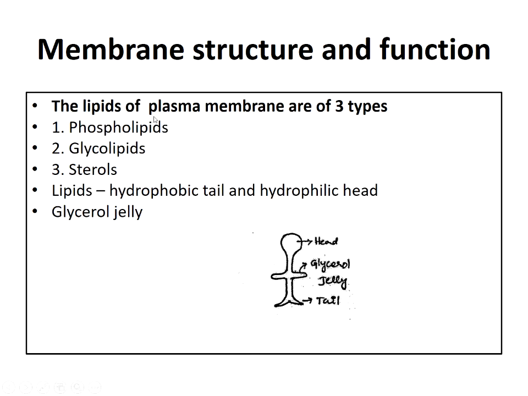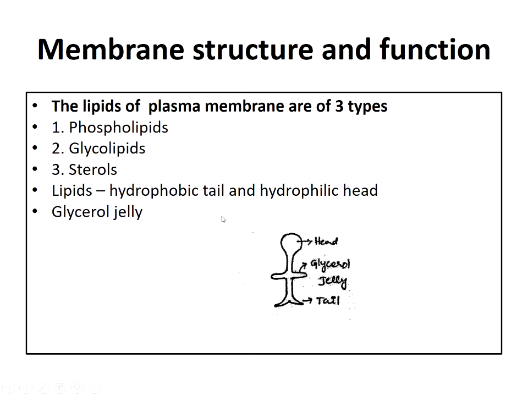Next, the lipids of the plasma membrane are of three types: first is phospholipid, second is glycolipid, and third is sterols. These lipids have two parts.